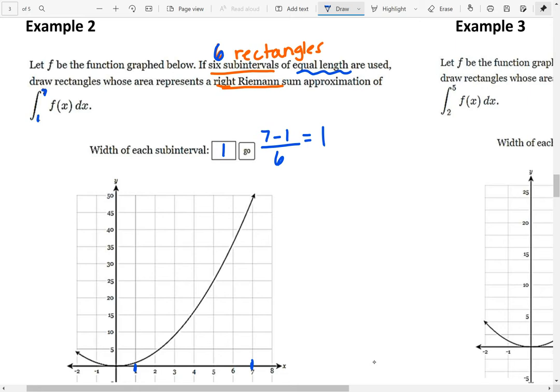Then I need to draw them so that the right vertex of the rectangle touches the curve. Right vertex, touch the curve. And I'll continue this until I get to 7.